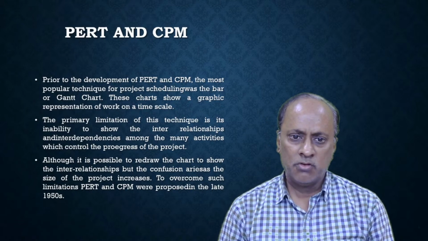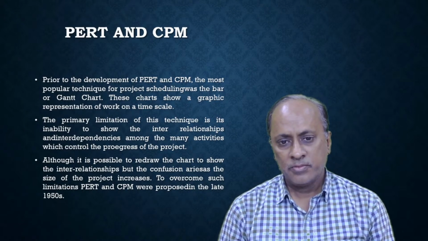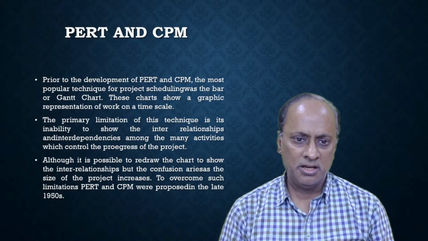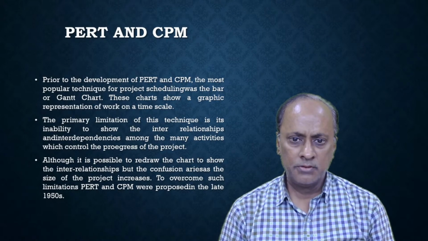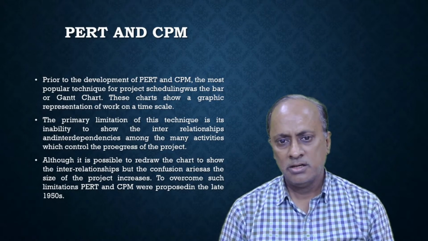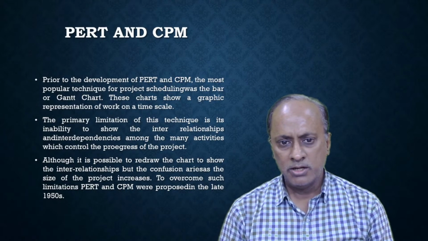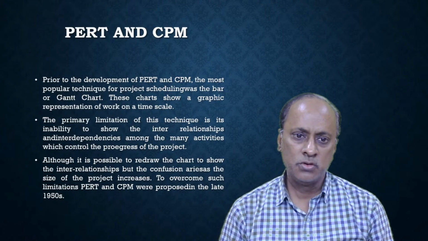While planning a project, we have planned some days. Suppose there is a project A, we have planned to complete in 10 days, but after 10 days it is shown that 80% is completed. So what is the plan and what is the actual?